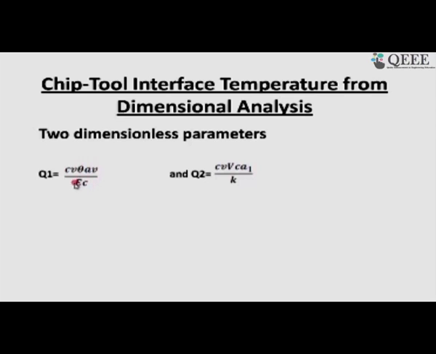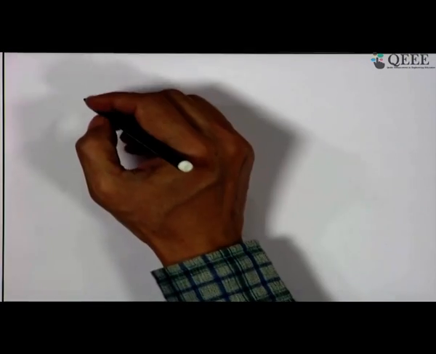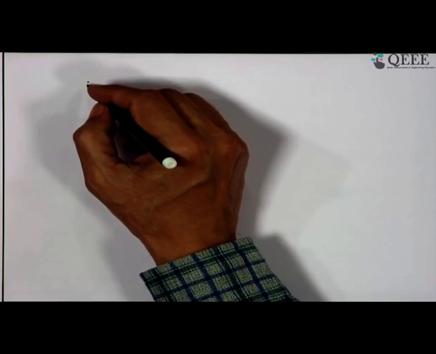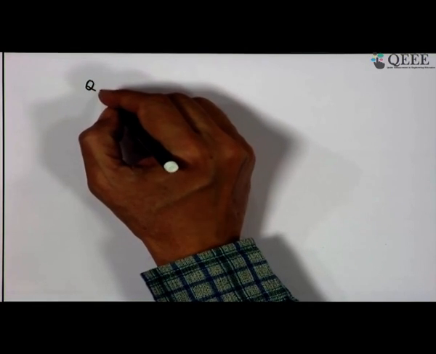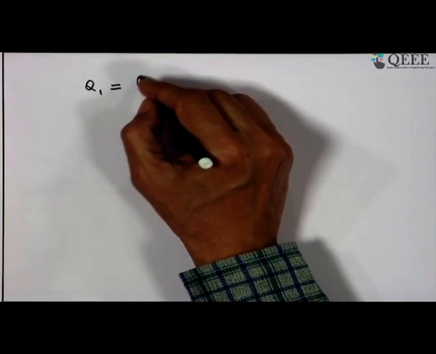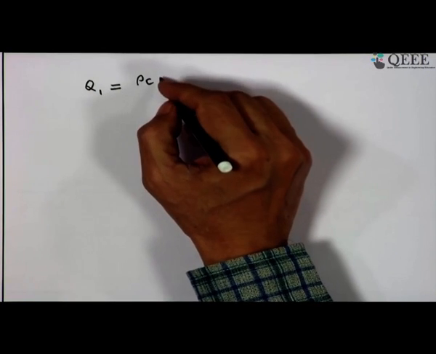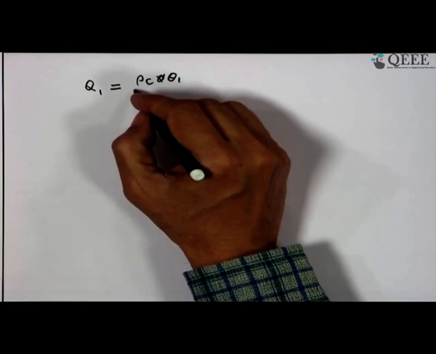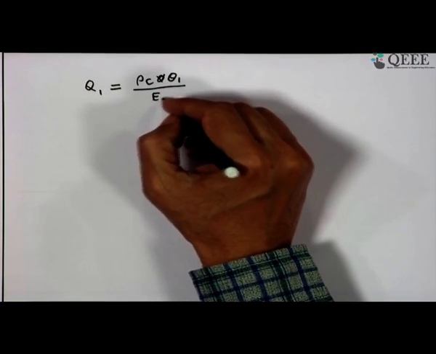by Ec. What is Ec? Let me write. So in this case we write Q1. We get two dimensionless quantities. Q1 is rho C, let me write this way, and then it is theta I divided by Ec.